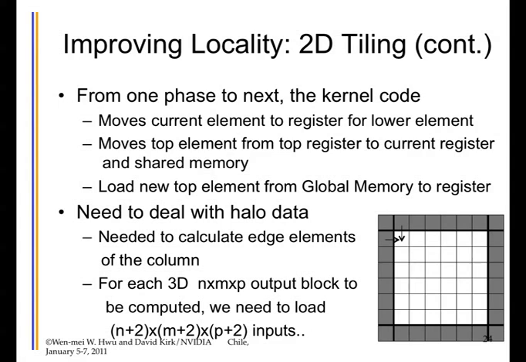The problem is, if a thread is processing an element at the boundary, then you need a neighbor value in order to calculate the element value. These are called skirt cells, halo cells, multiple names. One way to do this is to load the halo cells into the shared memory.